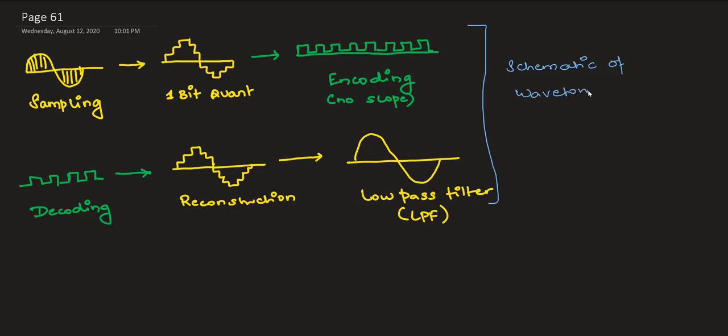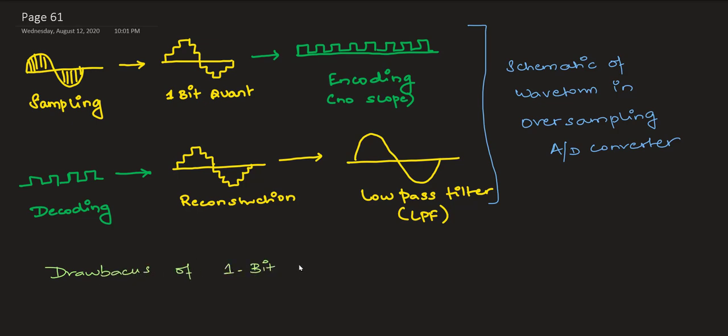Another important thing here is the low pass filter. Many ask, how do you convert your staircase waveform into a sinusoidal signal? A staircase waveform can be converted into a sinusoidal signal using a low pass filter, because a low pass filter smoothens. So a low pass filter is also called a smoothening filter, and a high pass filter is a sharpening filter.